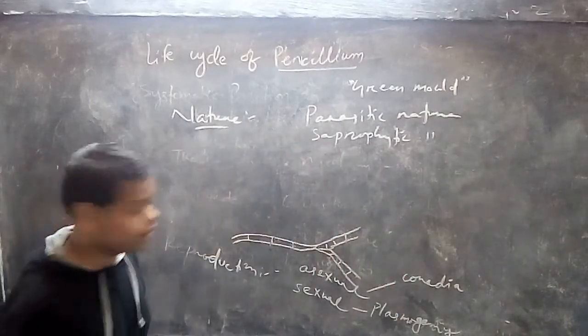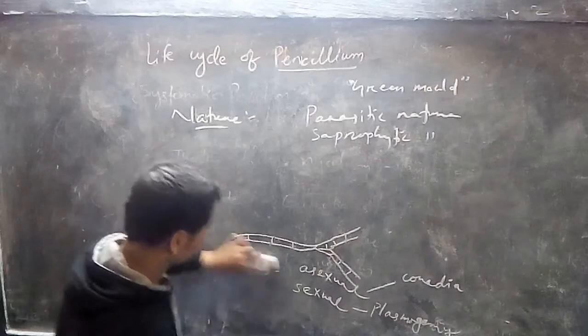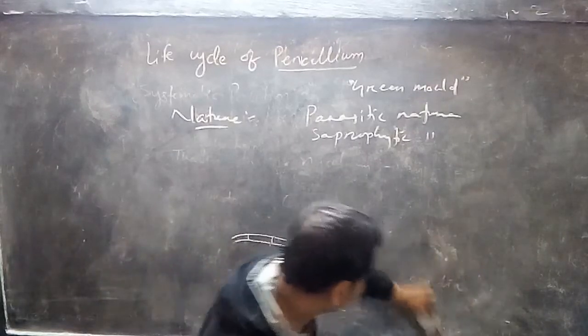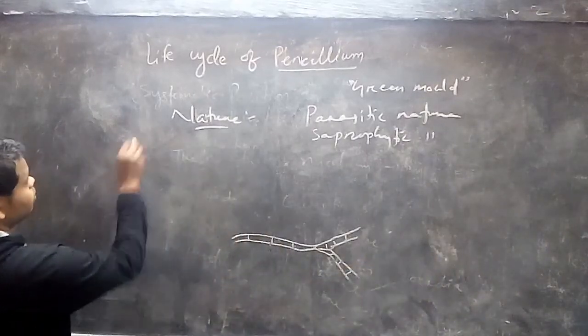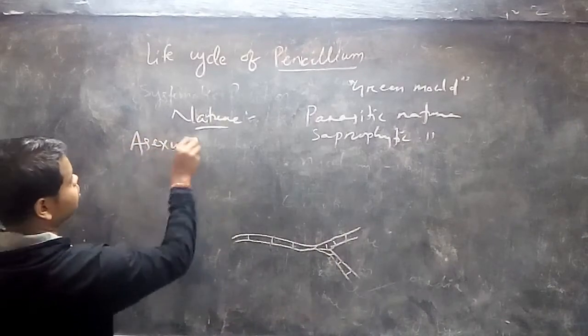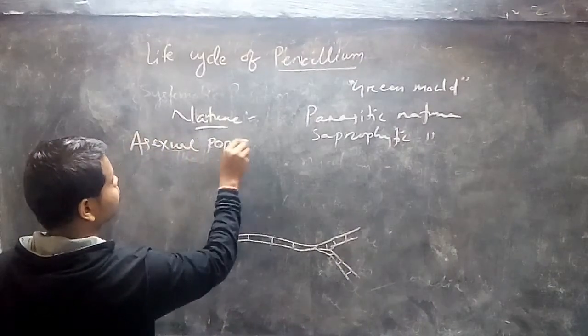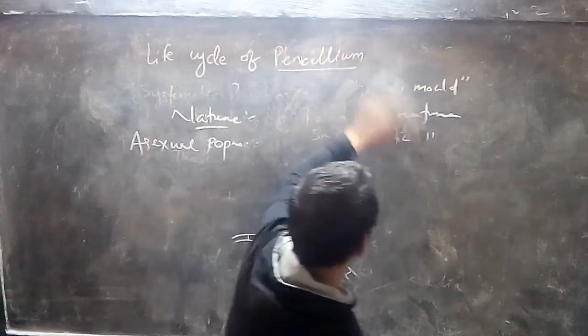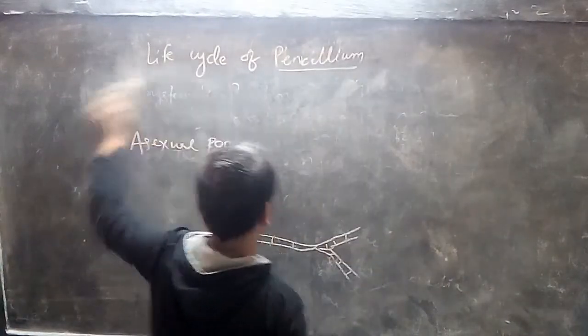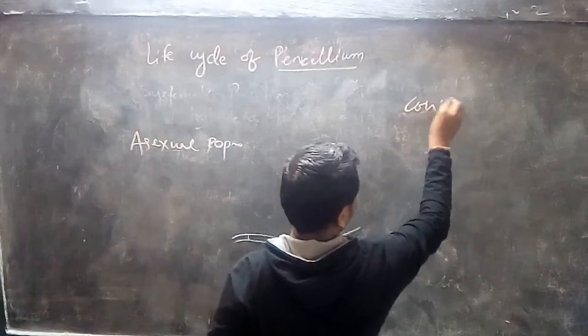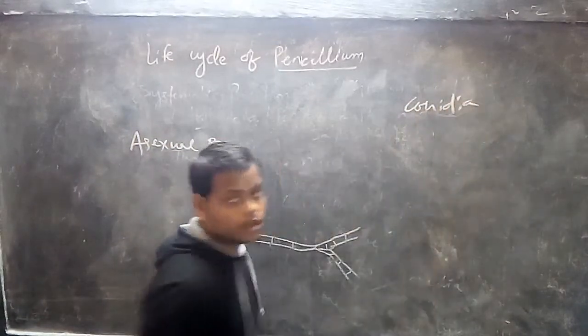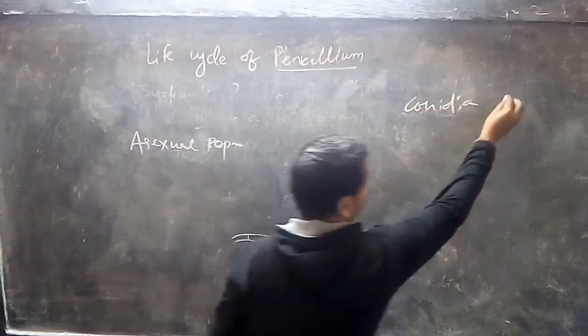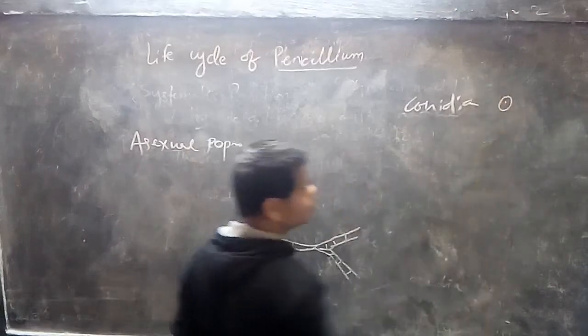It is very important and always frequently asked in questions. Asexual reproduction by means of conidia. Asexual reproduction occurs by spores called conidia.